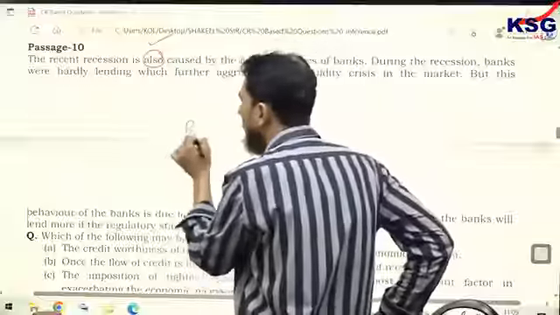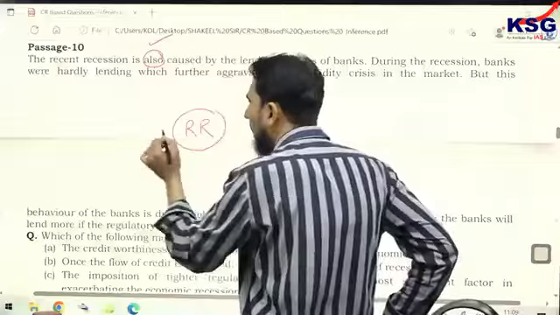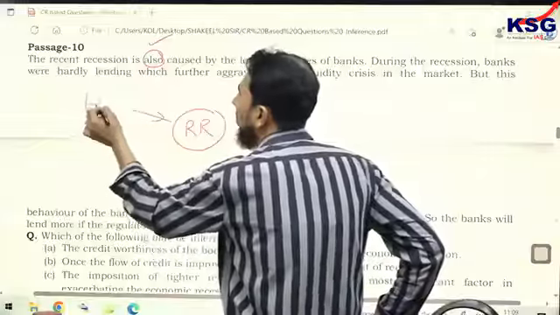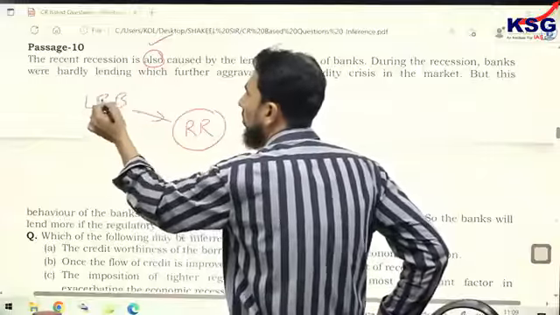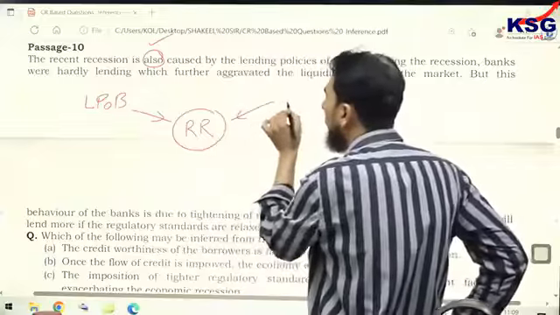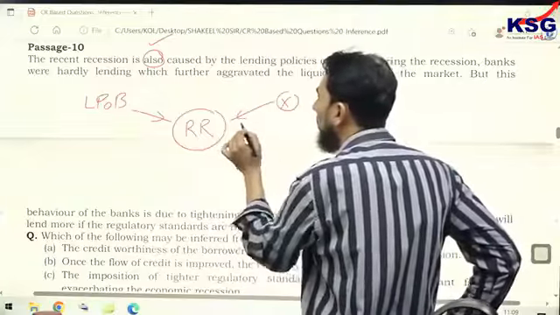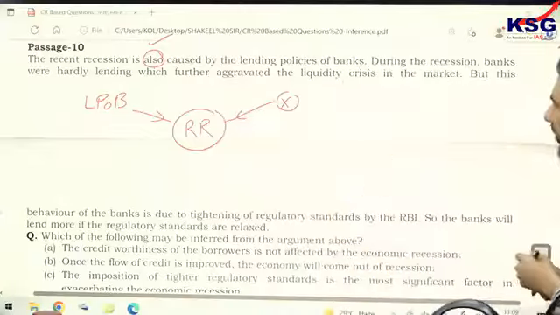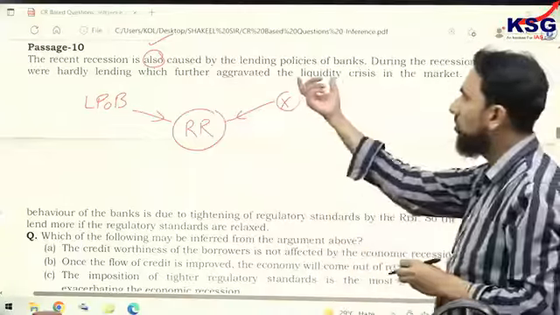So the recent recession, if I represent it here with RR, is also caused by, so it is caused by the lending policy of banks, LPOB I write here, but there could be other causes as well, because the word also is written there. So as a symbol I'm writing one other cause, right? So what is the lending policy of banks?